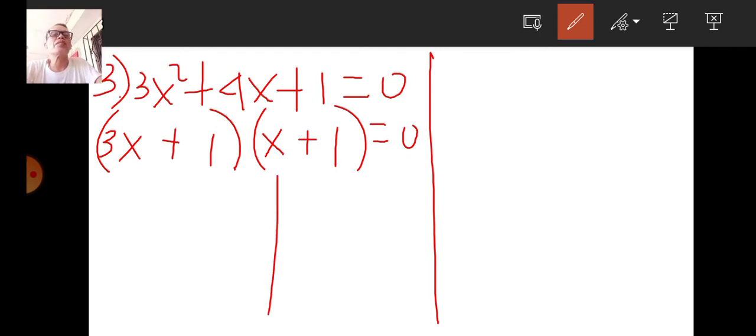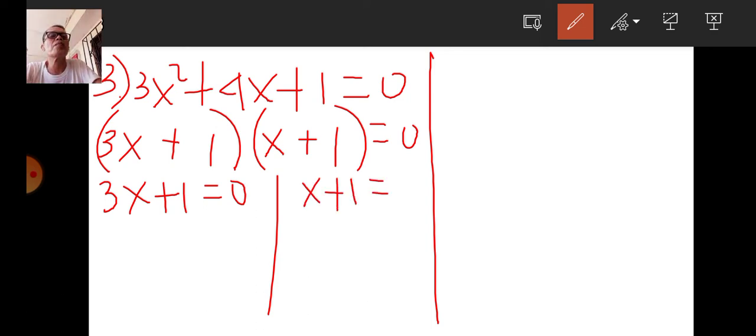Then equate the factors to 0. You will have 3x plus 1 equals 0. The other one is x plus 1 equals 0. Transpose 1 to the other side, you will have 3x equals negative 1.